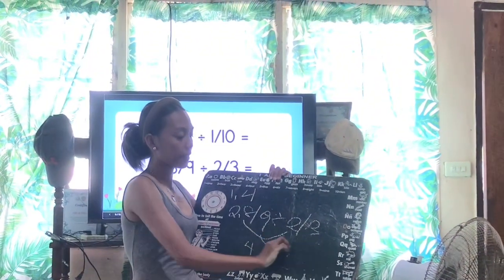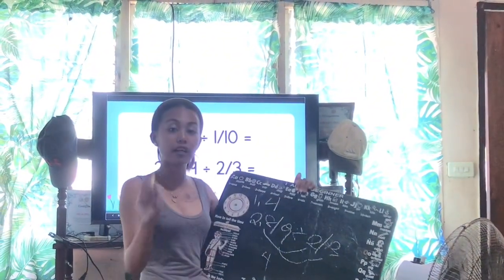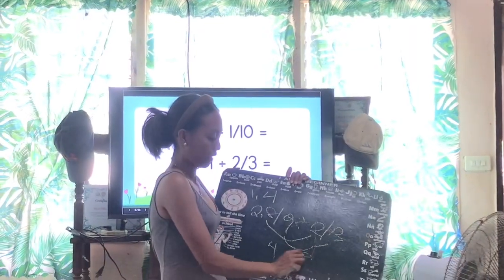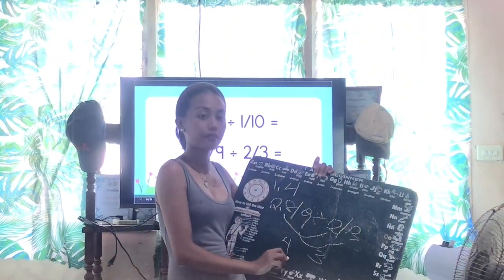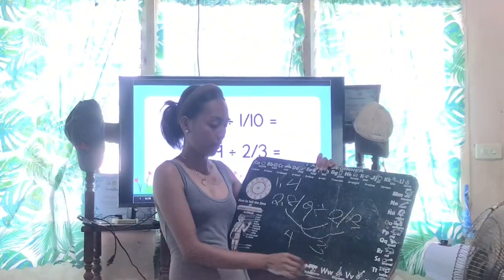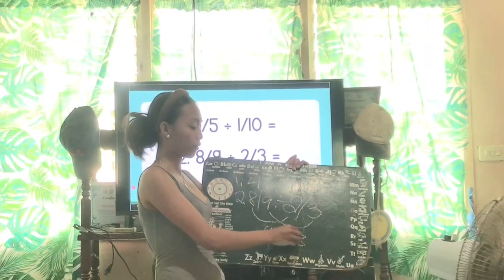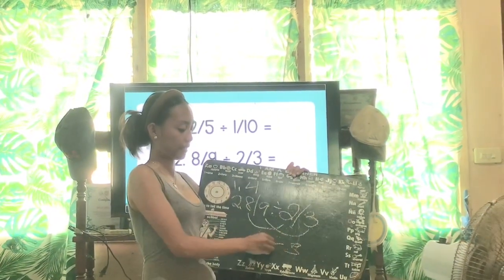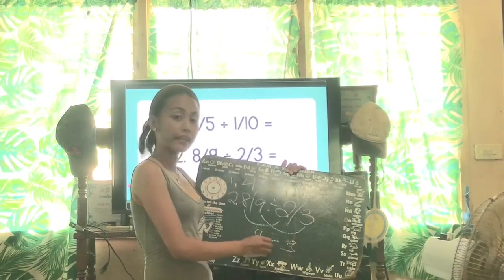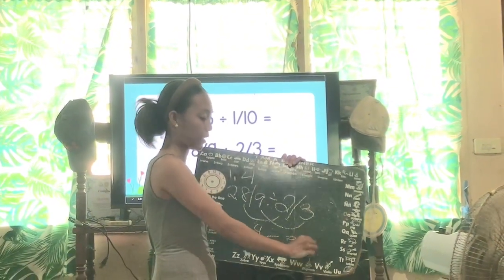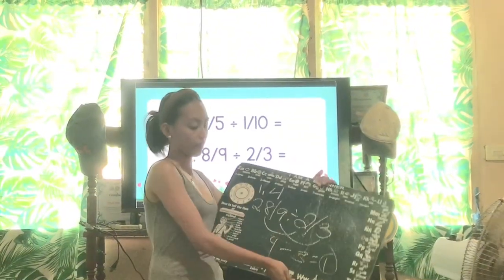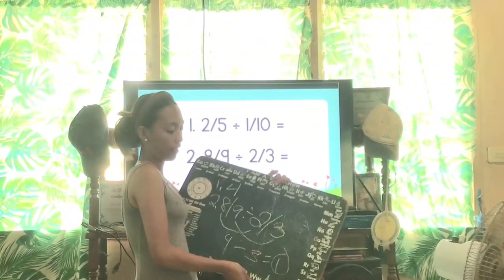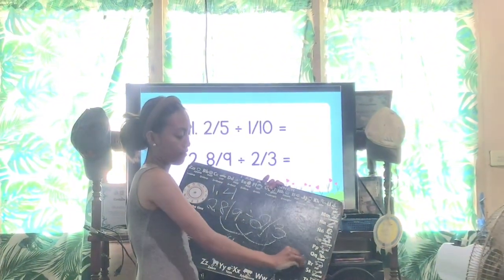And then 9 divided by 3 is 3. So the answer is, we need to subtract. 4 minus 3 is 1. And our final answer is 1, or 1/3.